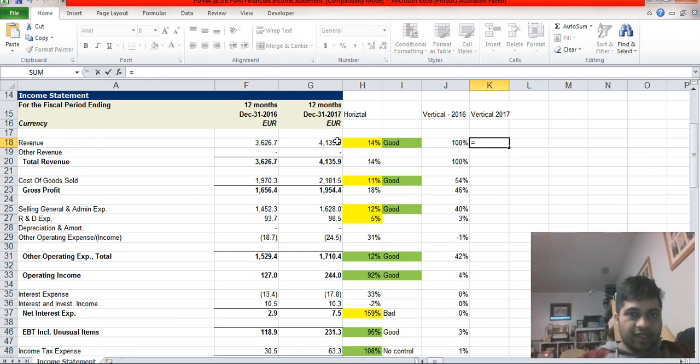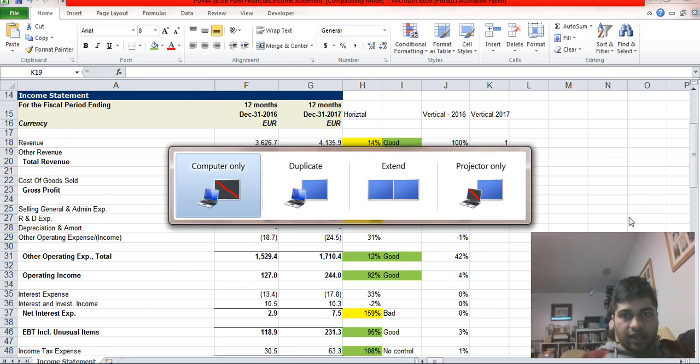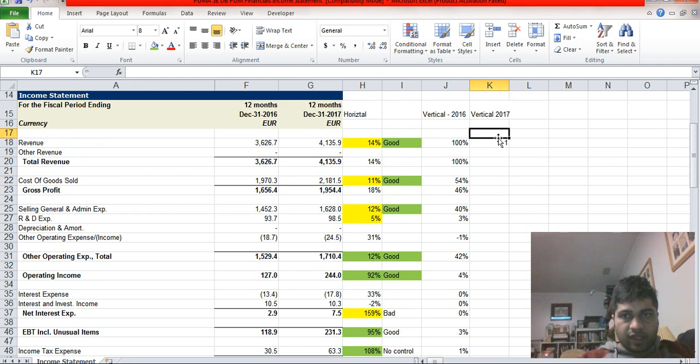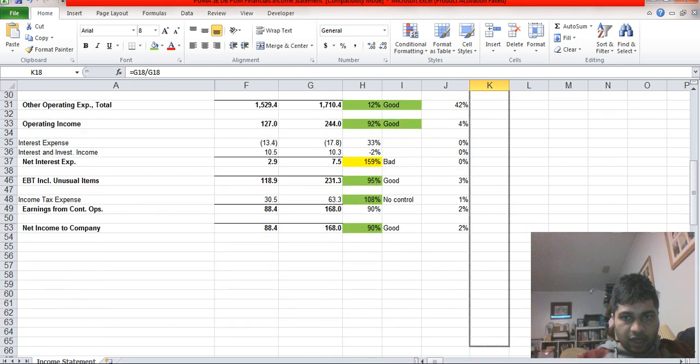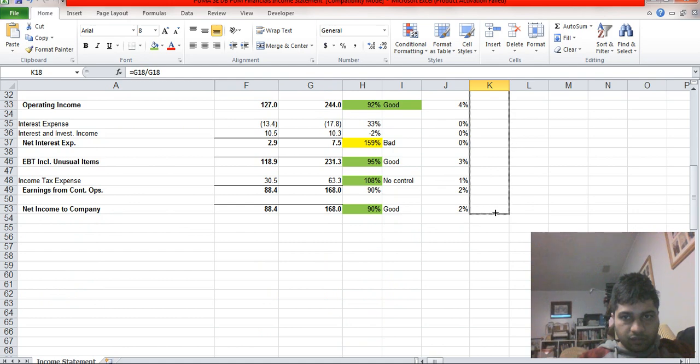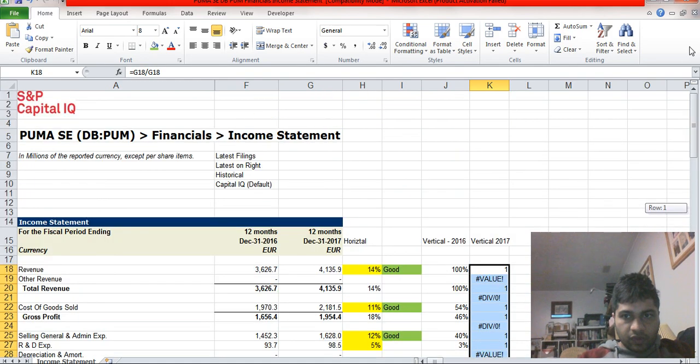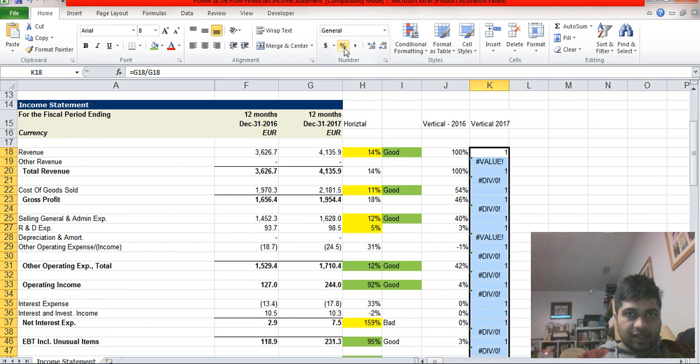So everything expressed as a percentage of sales. So this divided by sales figure and dragging it down, expressing it as a percentage.